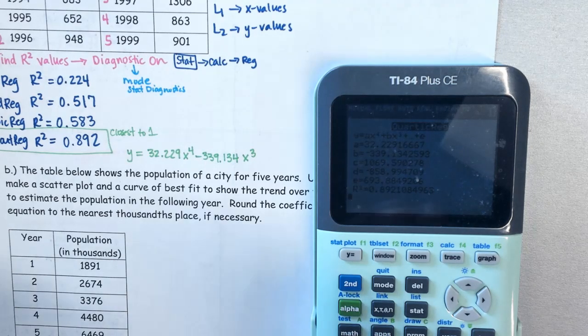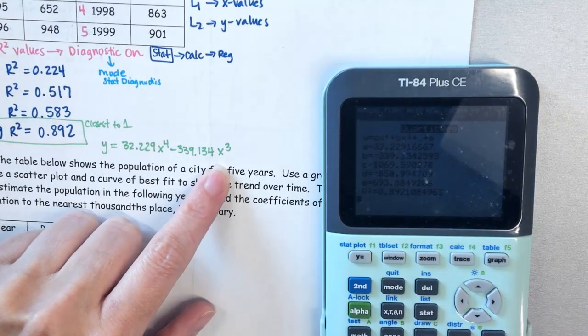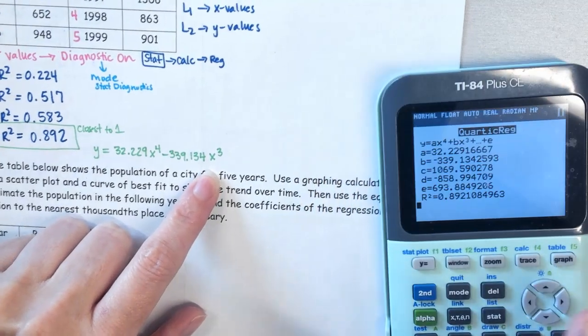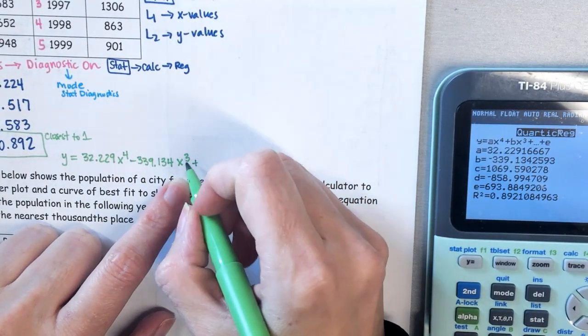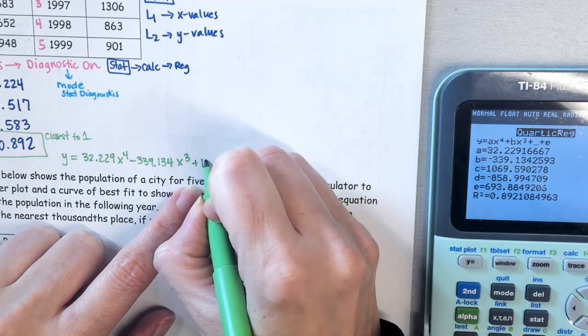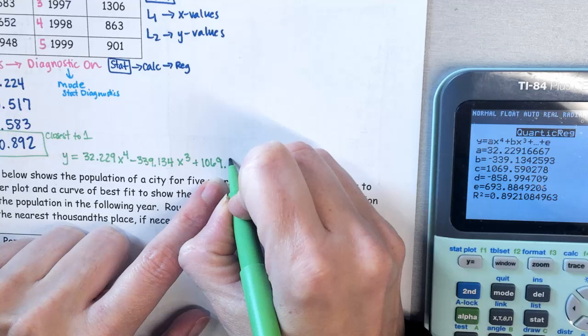So we're not plugging this in anywhere yet. We're writing this down as our regression equation. Okay, and then for all of them, you're rounding to the 3rd decimal place. Just so you know, this is a very, very long example. They are not always this intense of equations.